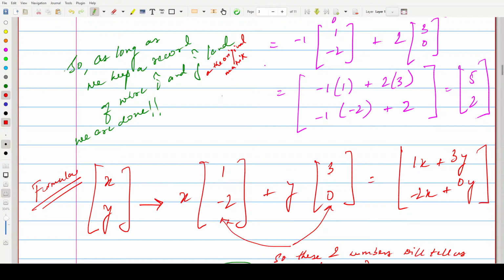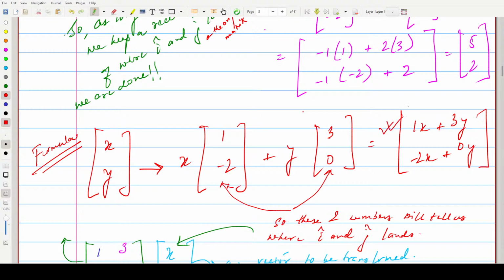So this is the formula we were going to find out: if we had a vector, say x and y, and it goes through this exact transformation, it will land at x times (1, minus 2) plus y times (3, 0). That gives us the general form of our vector, which is 1x plus 3y and minus 2x plus 0y. Is this clear up till here? Is this clear?